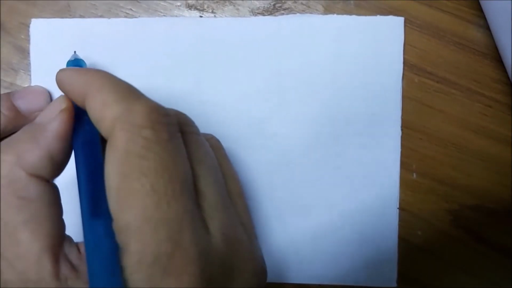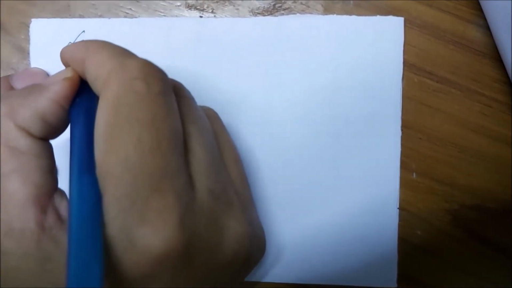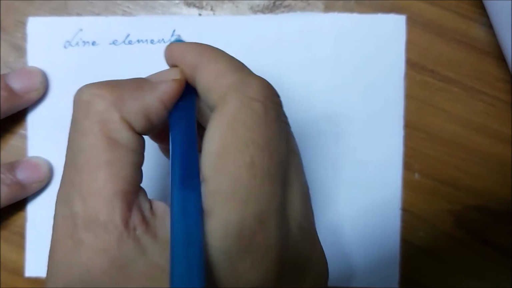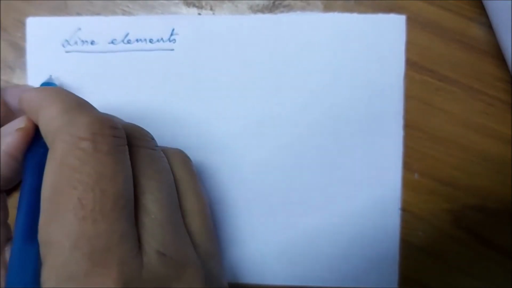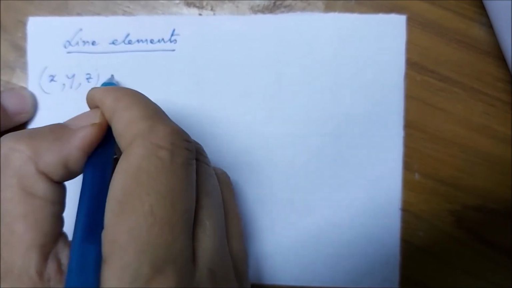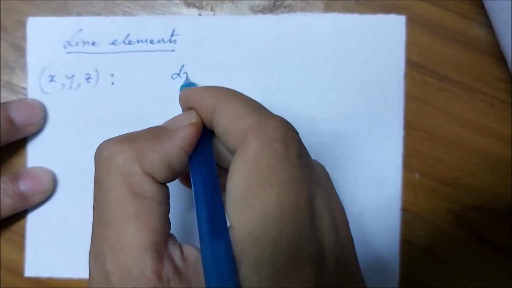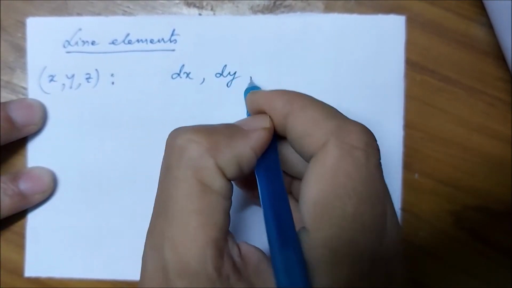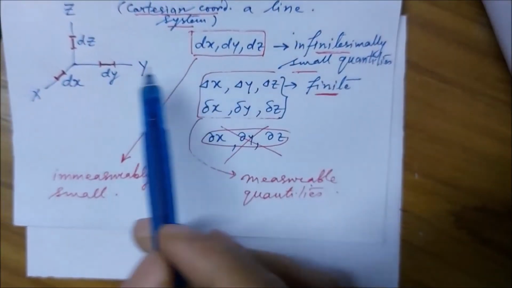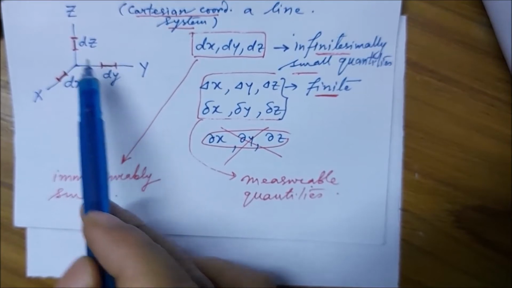Let us make a gist of what we did. Line elements in various coordinate systems. In xyz system, it was dx, dy and dz.